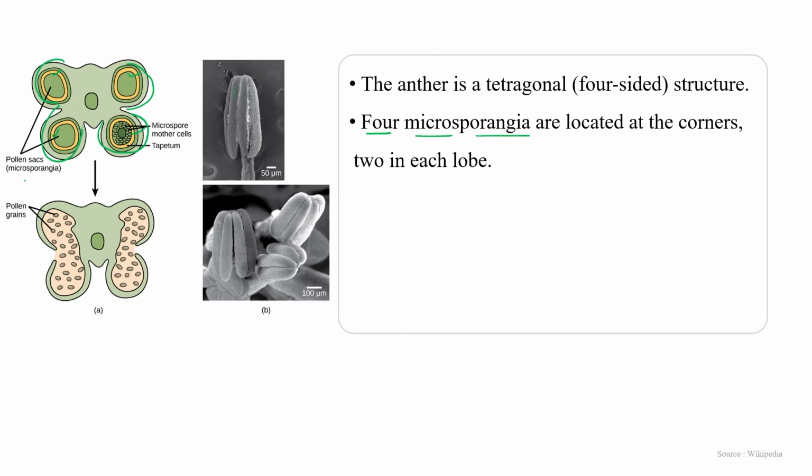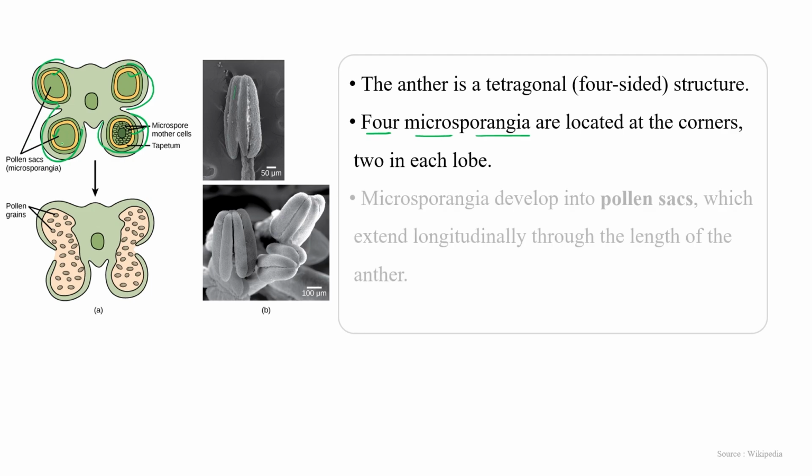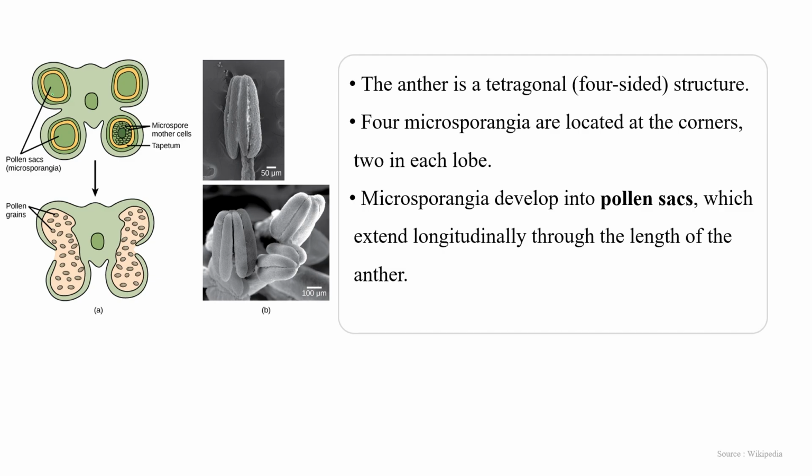Okay, and these 4 microsporangia are also known as pollen sacs, right? And each microsporangium actually develops into a pollen sac. As I just said, these are converted into the pollen sac, which extends longitudinally throughout the length of the anther, just like this.